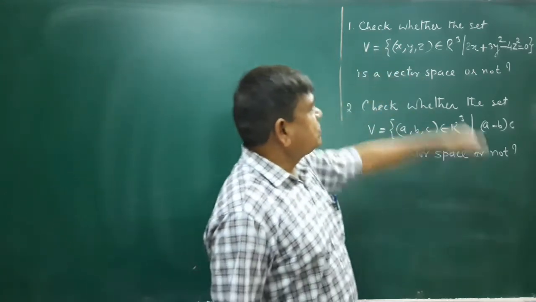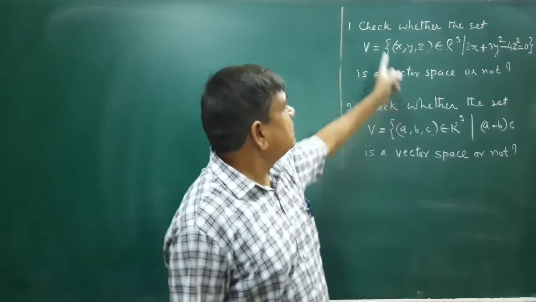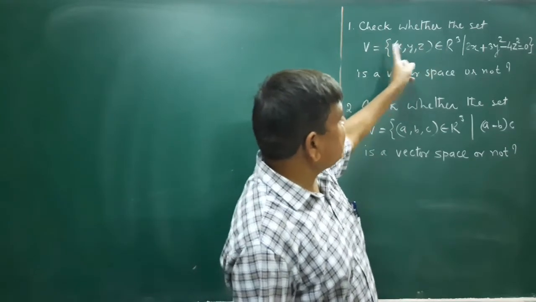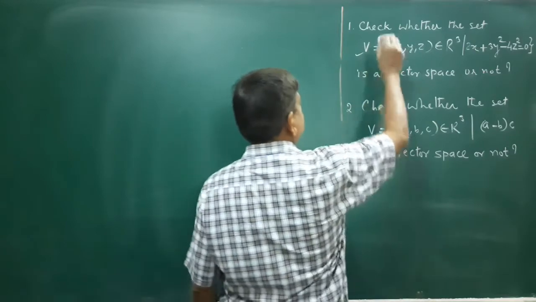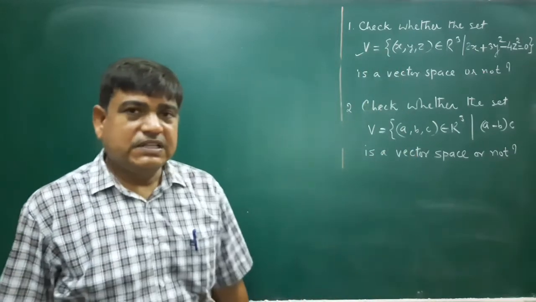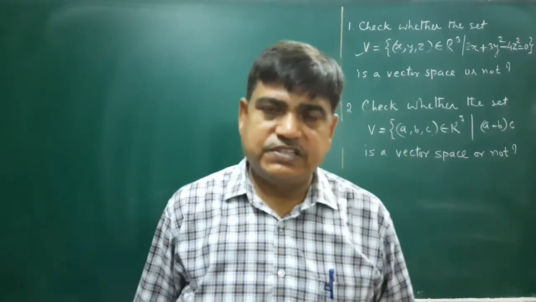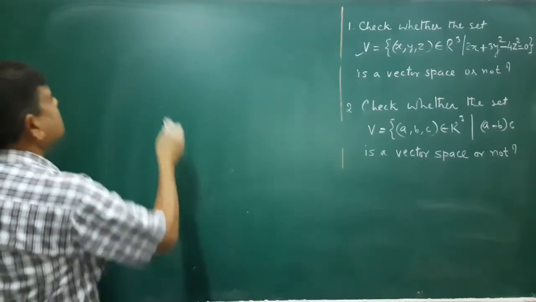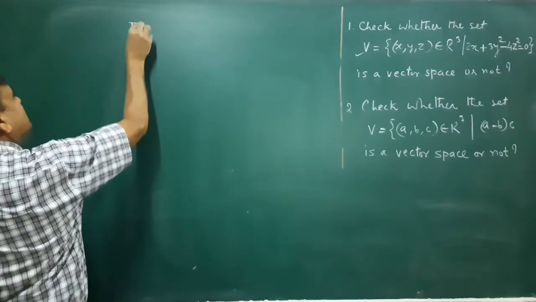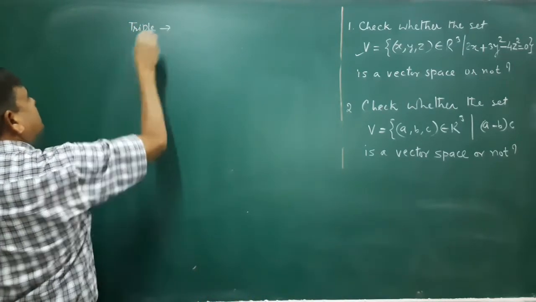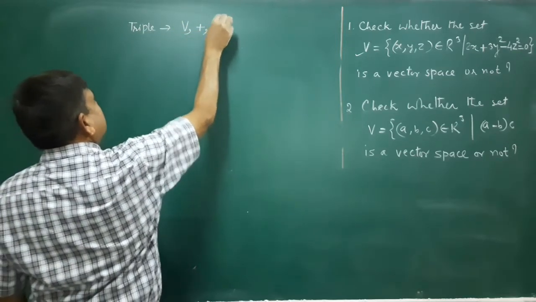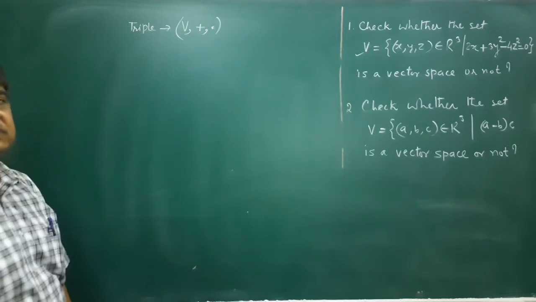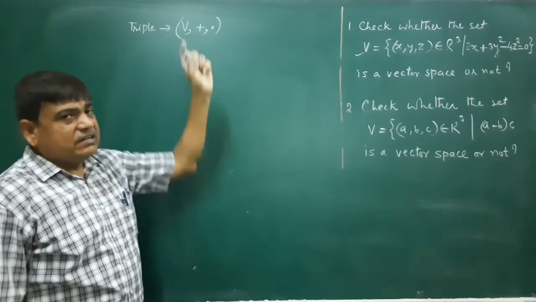Now we come to the first question. Check whether the set V given here is a vector space or not. What is the triple here? V, addition and multiplication.